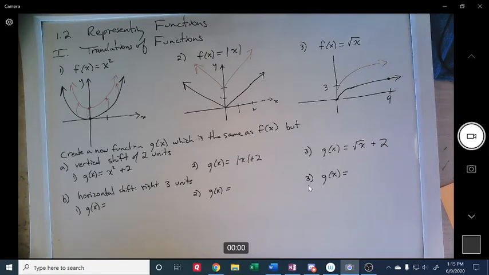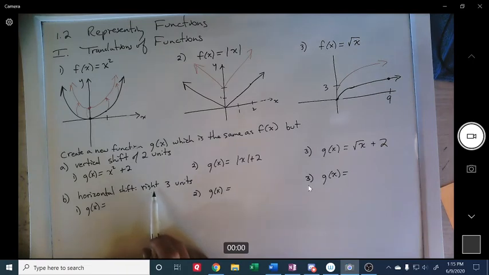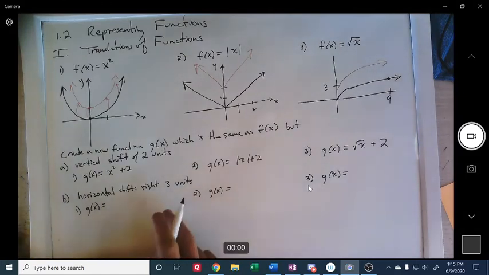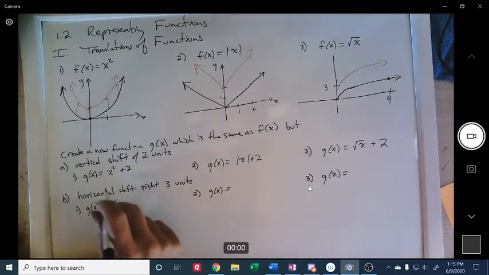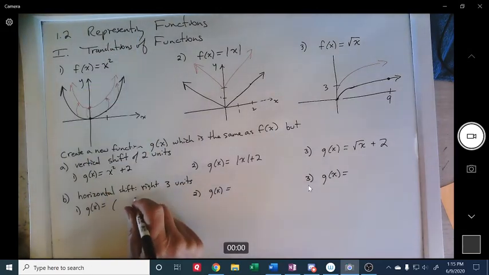All right, we discussed this in the practice quiz. When you shift horizontally, it goes opposite direction of the sign that you would expect. So we're going to replace the x with, now my first instinct would be replacing the x.